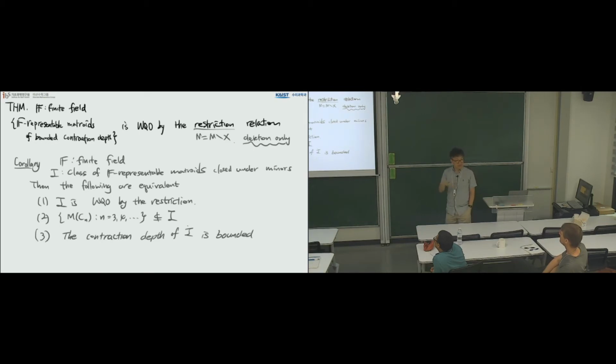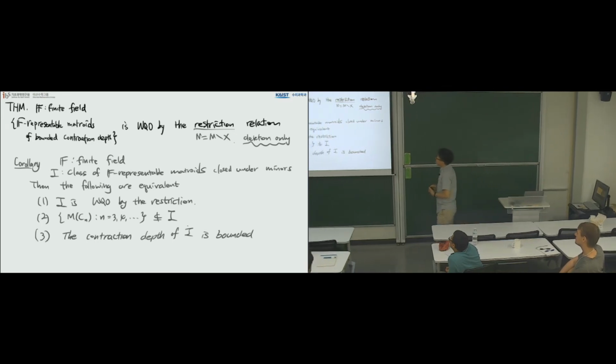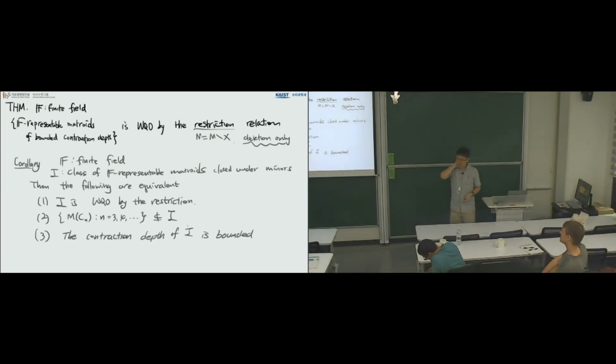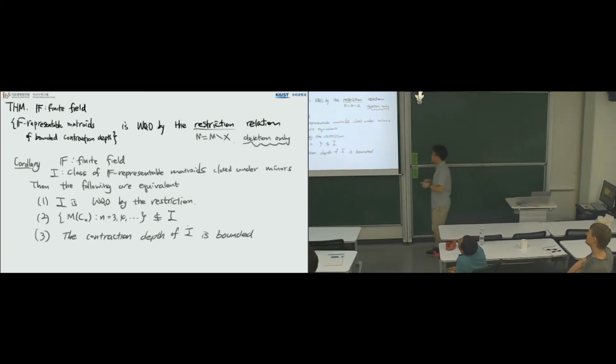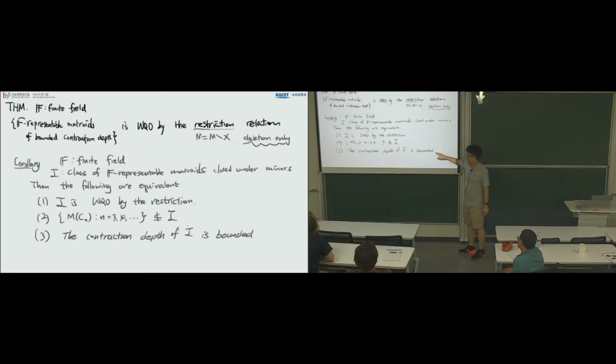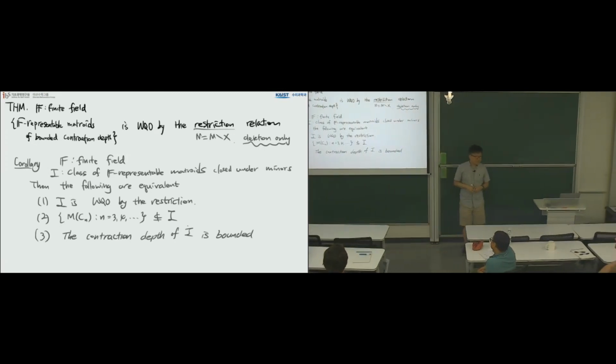So you can delete elements and you get a smaller one. So we have this characterization: an infinite set of F-representable matroids is well-quasi-ordered by restrictions if and only if you don't contain a long circuit, if and only if contraction depth is small.